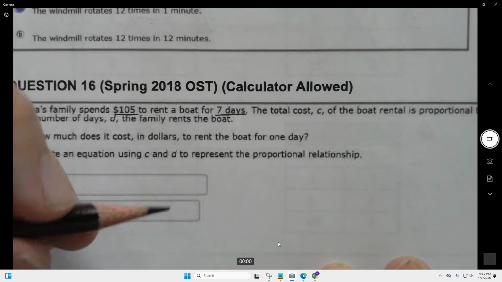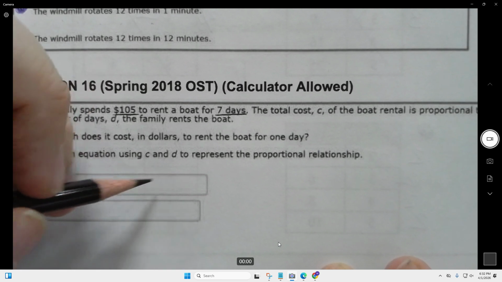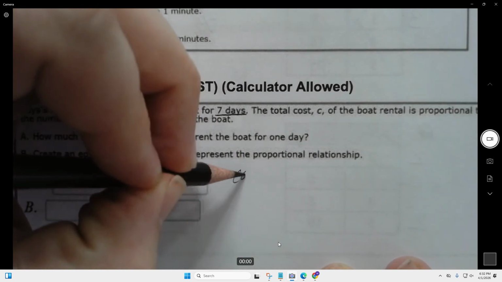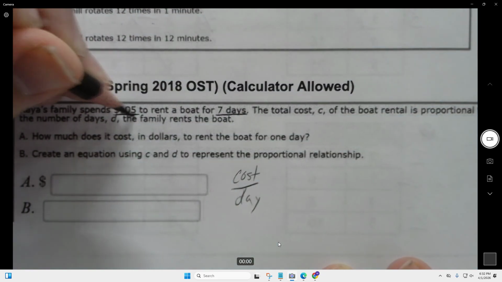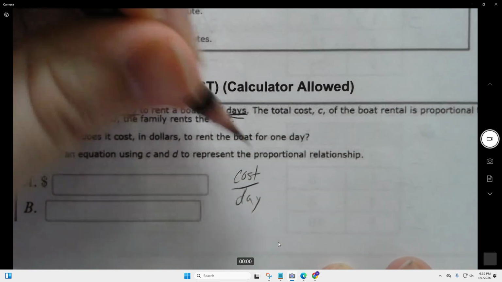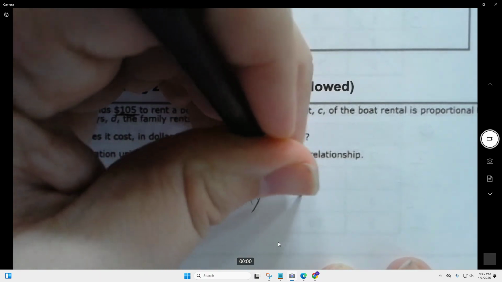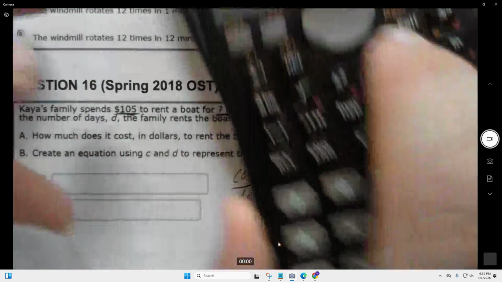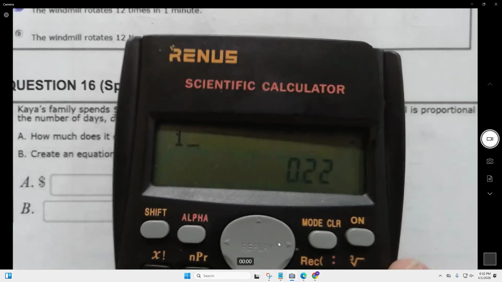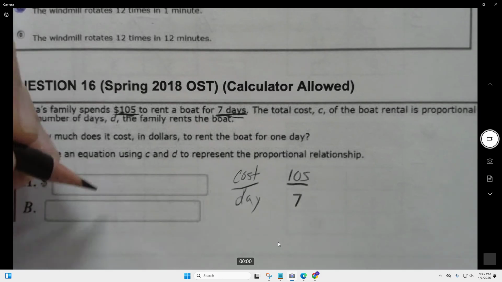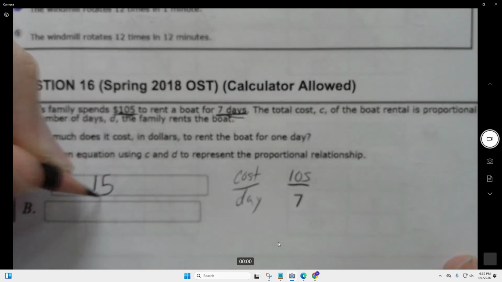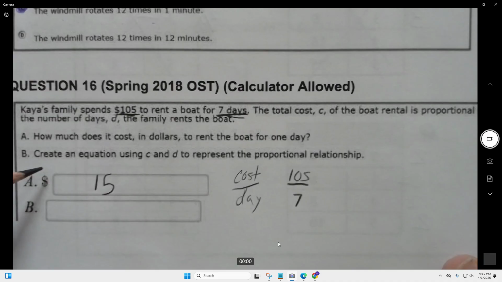We're trying to find cost per day. 105 divided by 7 should be 15. Yep. It costs $15 to rent the boat for 1 day.